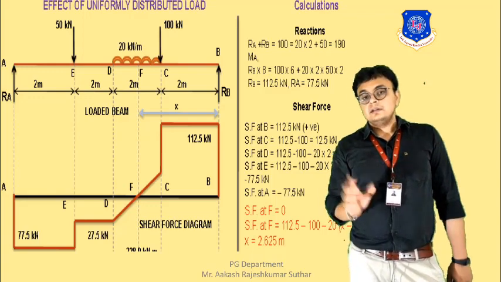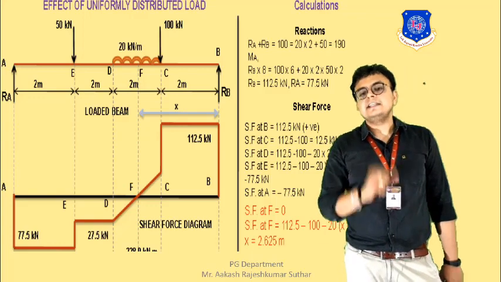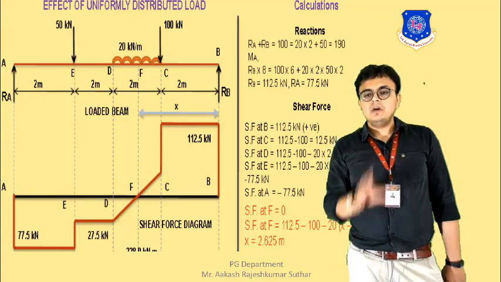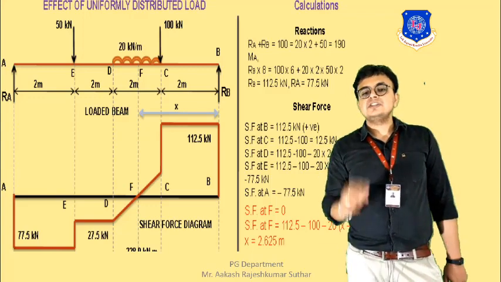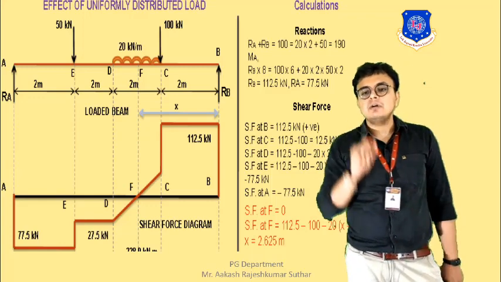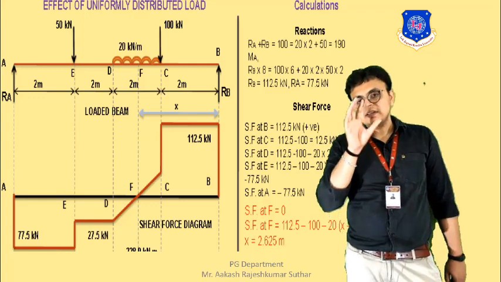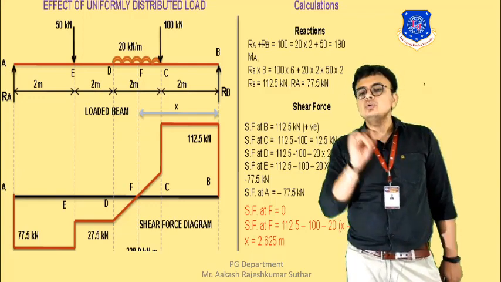Now we have to move towards the next point, that is D. At D we need to find the shear force. At C we have got 12.5. What extra thing comes in this section is the UDL, that is 20 into 2.